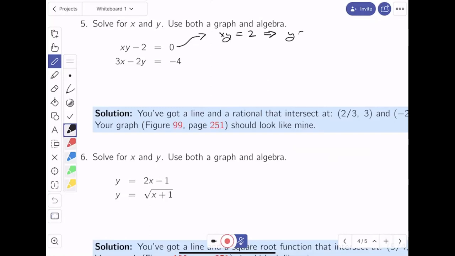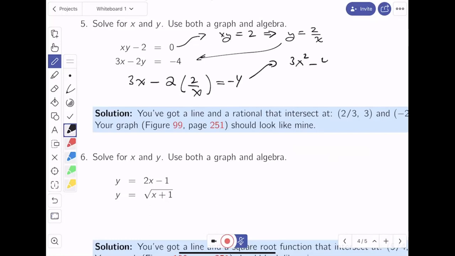And y would equal 2 over x. And then I plug this in over here. Let's put this down. So you get 3x minus 2, and I believe y is 2 over x minus 4. I can multiply both sides by the LCD, which is x. I get 3x squared minus 4 equals minus 4x.